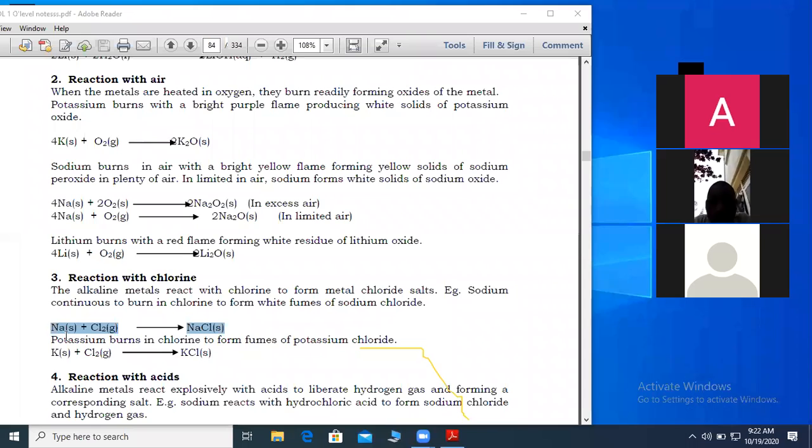Are you people there on the equation? Sodium plus chlorine, we get sodium chloride, but something is missing. Who can identify what is missing for us, what is not right on the equation? Someone just unmute and tell us.